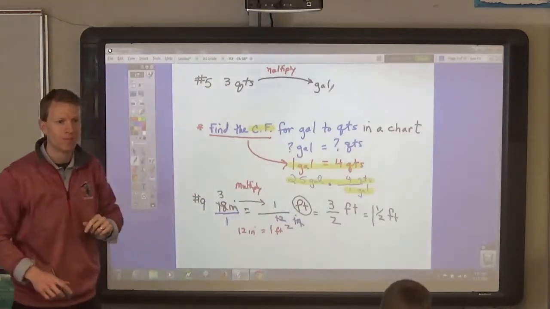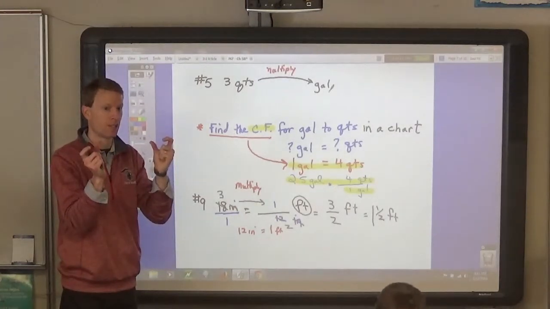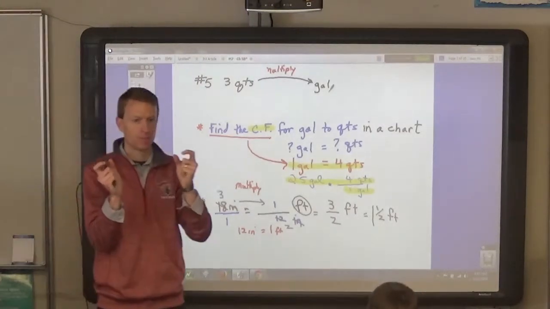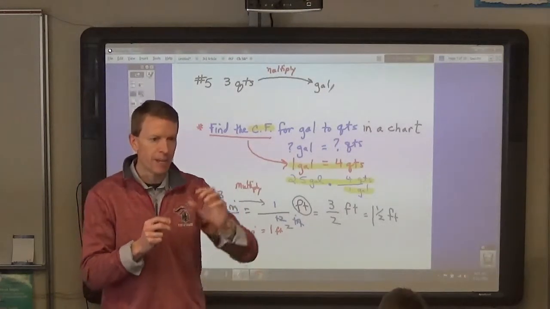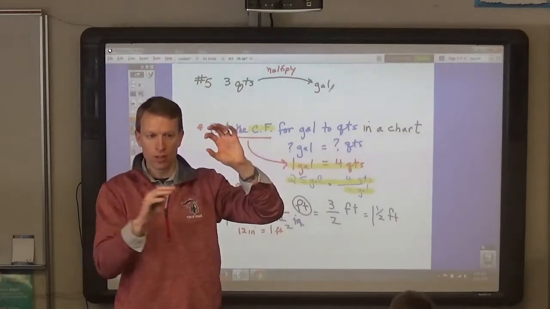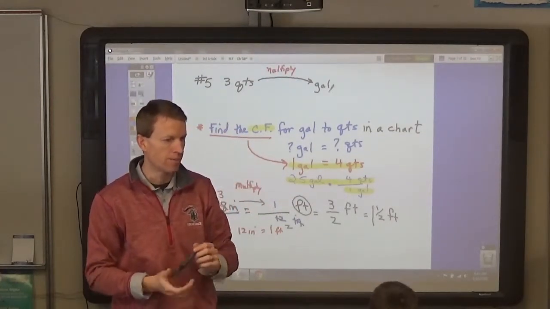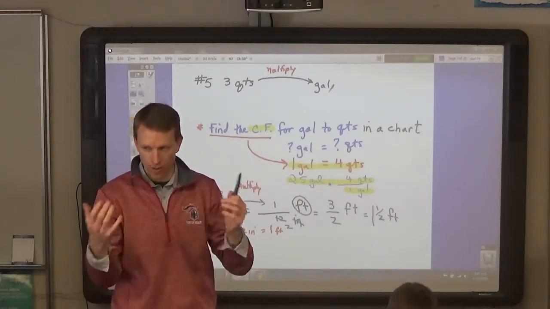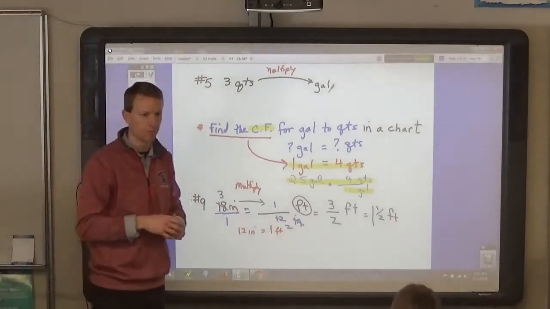Emily. What's the ratio? A ratio is a fraction that compares two different amounts. Okay? So remember, a fraction can be the amount out of the total, or it can be a ratio that compares two different amounts. They have a different label.